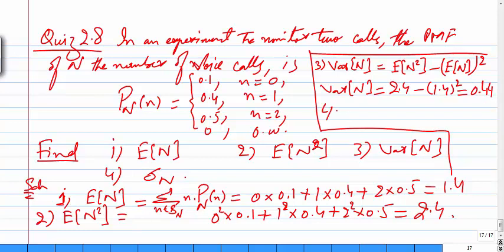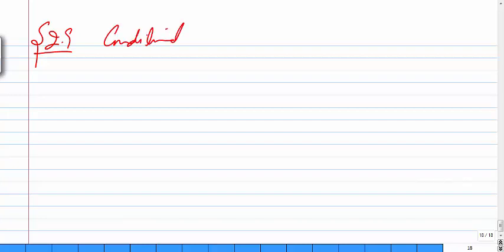Now the fourth one is the standard deviation of n, and we know that this is equal to the square root of variance of n. That becomes the square root of 0.44, which is equal to 0.663. So here we conclude this article 2.8. Now we move to the next article, which is the last of this chapter, 2.9, that is conditional probability mass function.